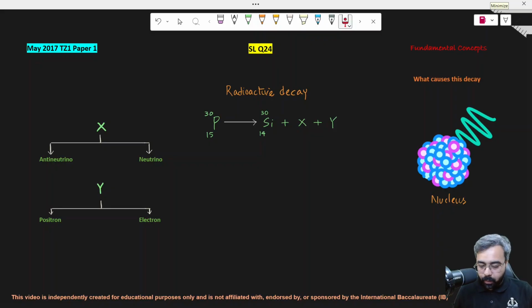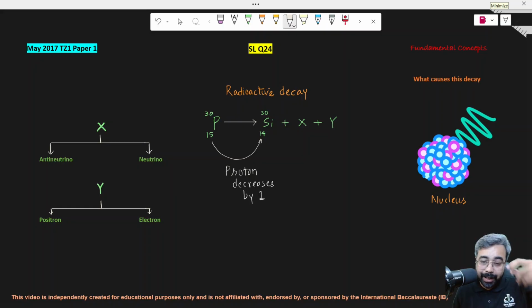Now, we have to see what is happening during this reaction. So this 15 turning into 14 means that the number of protons decreases by 1. So if the proton number decreases by 1, what does it mean?